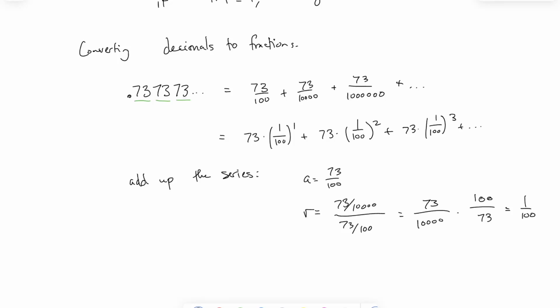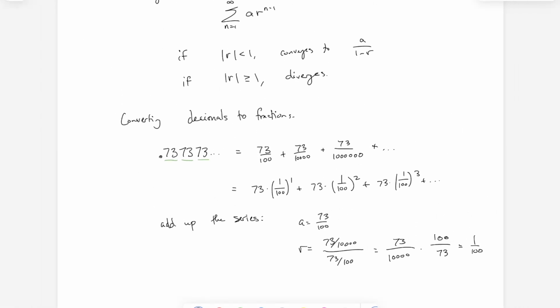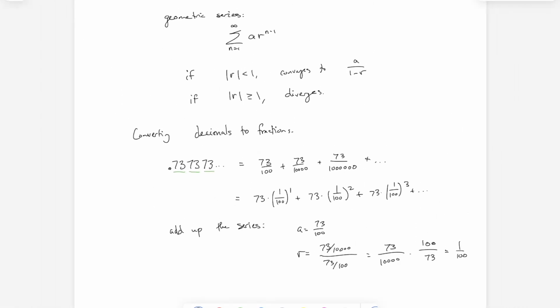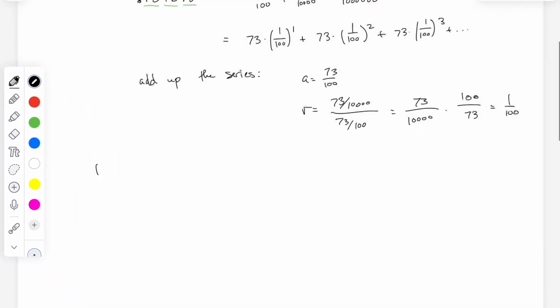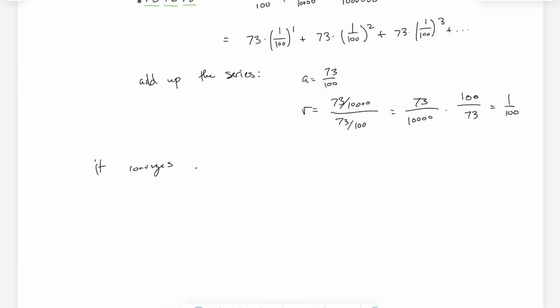So first of all, you should ask yourself, does it converge or not? And the answer to these questions is given by the thing that I wrote at the top there. If R is less than 1 in absolute value, then it converges. And here my R is 1 over 100, so it is less than 1 in absolute value, and so it converges to A over 1 minus R, which is, and this is what we're really interested in, 73 over 100 divided by 1 minus 1 over 100.